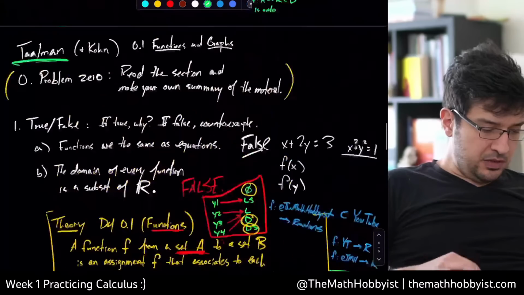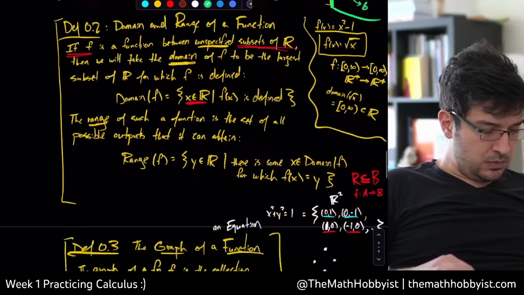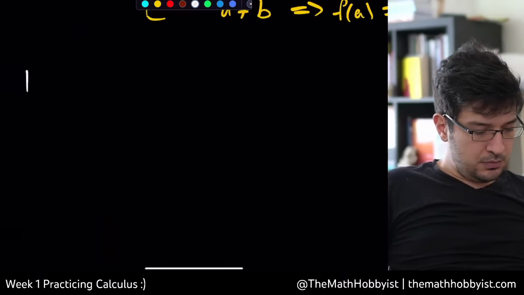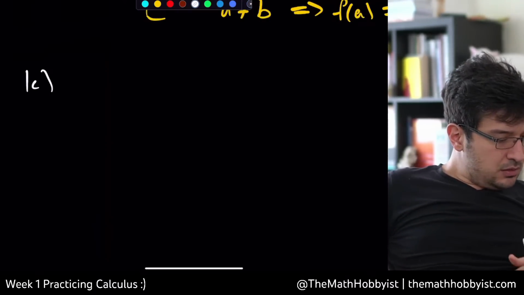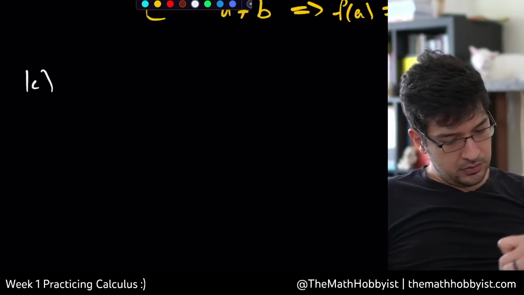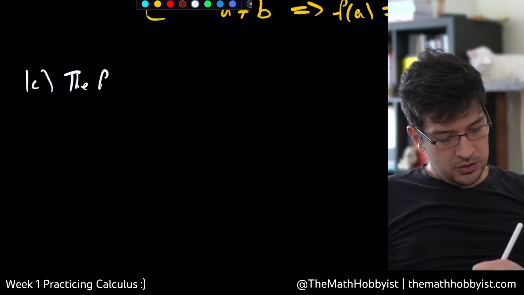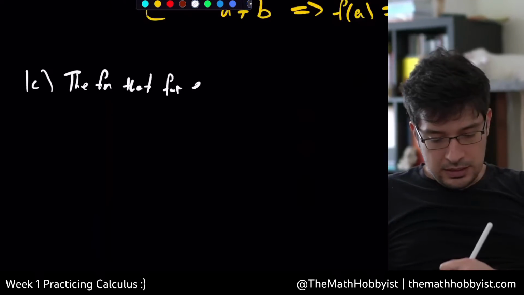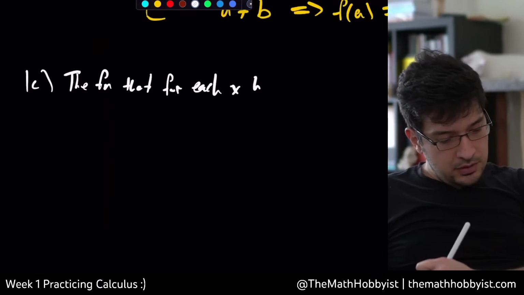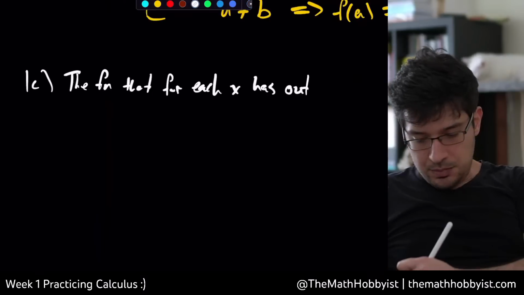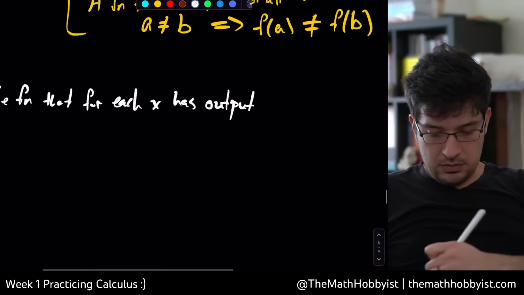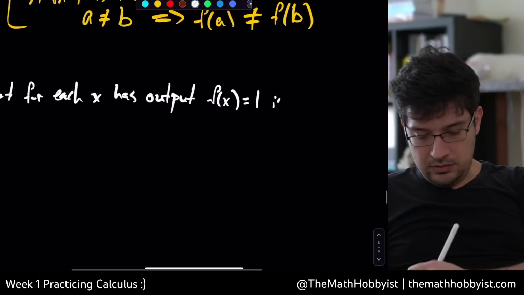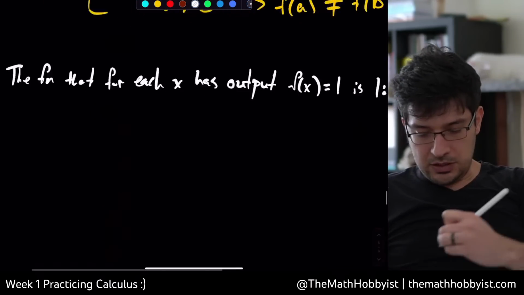So let's keep moving. Let's solve some actual problems. I'm doing problem 1 from Taalman. Problem 1C asks, true or false? The function that for each x has output f of x equals 1 is a one-to-one function.